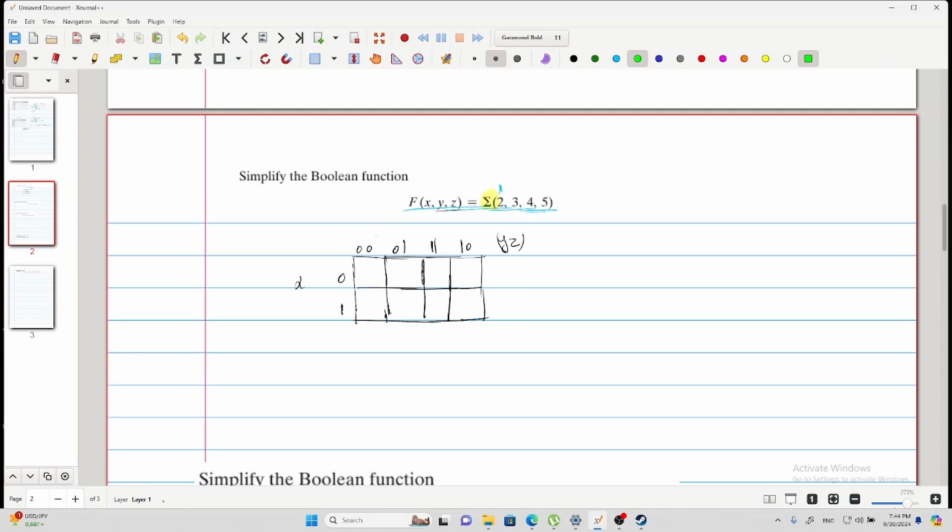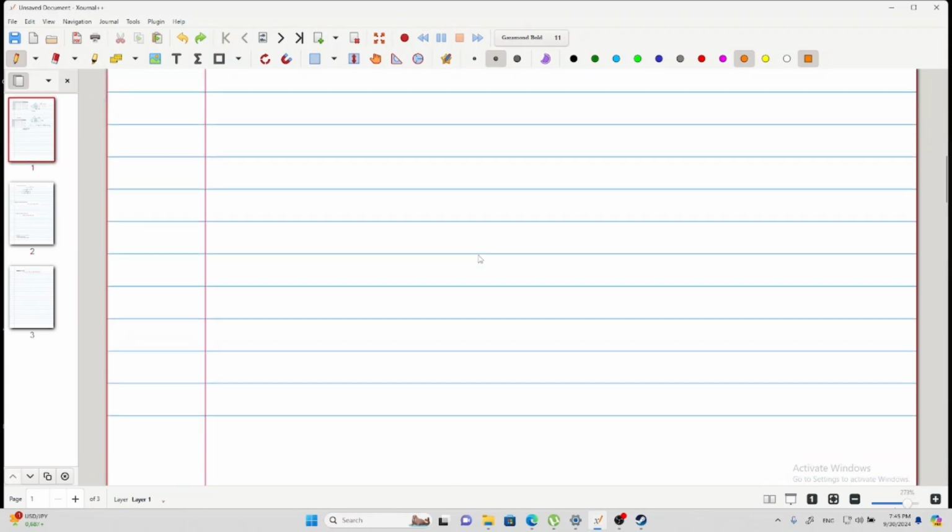So you may ask, why did we jump to 3? In binary, this is 0, this is 1, this is 3, and this is 2. So why did we make this jump? Well, we made this jump because of the way the K-map works.